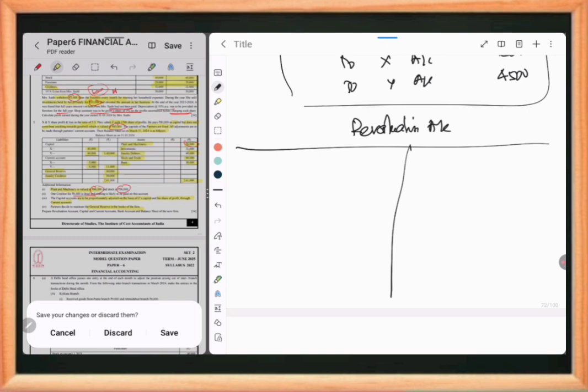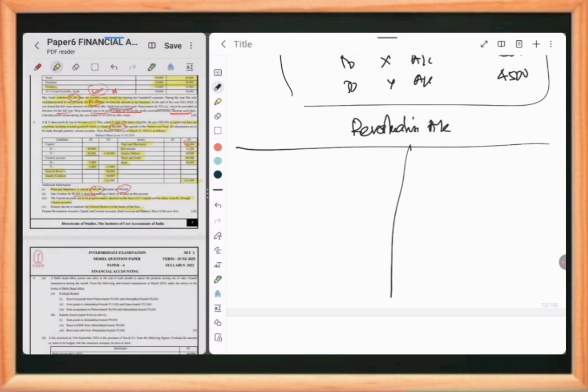Actually, stock was 90,000 rupees and is now valued at 96,000 rupees. So 6,000 rupees increased, so it should be credited. By stock, 96,000 minus 90,000, so the income is 6,000 rupees.